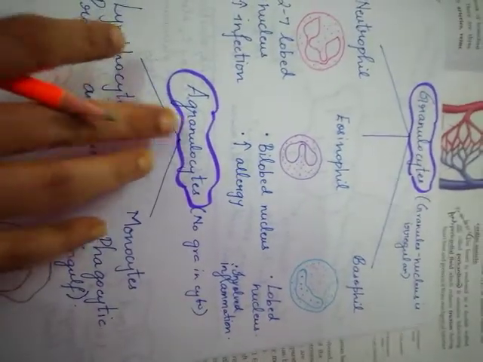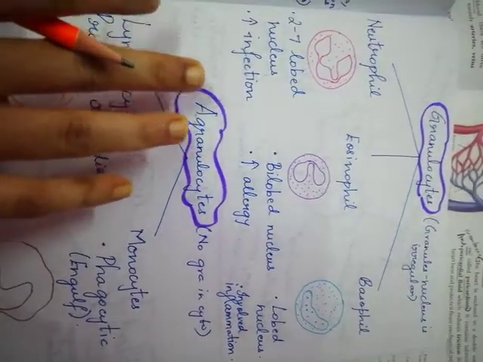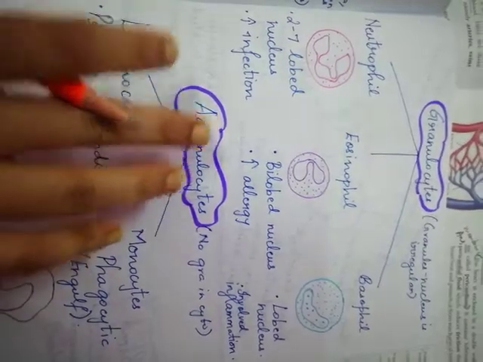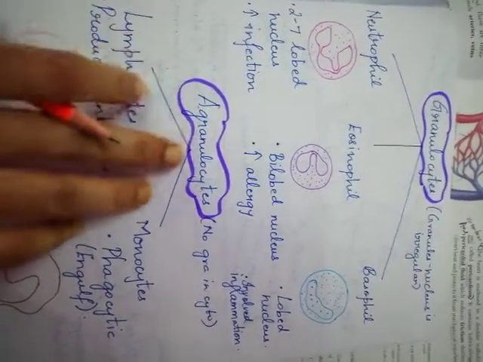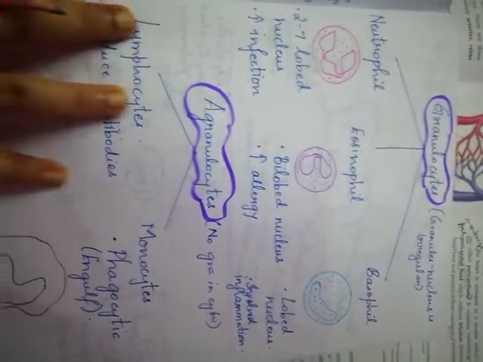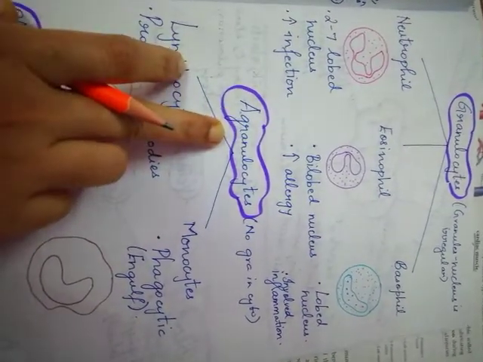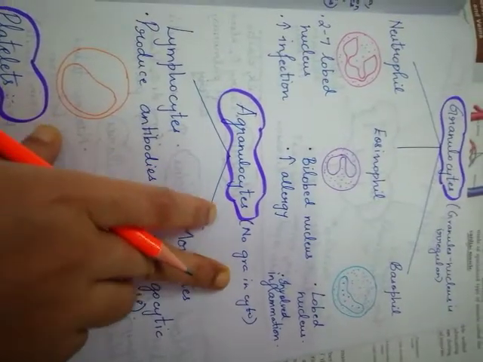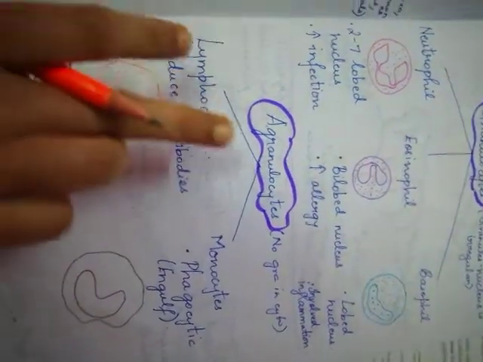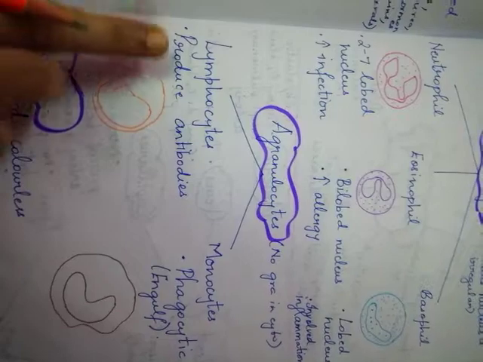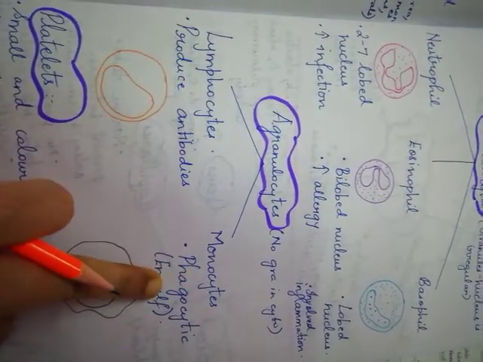So the main thing for WBC, white blood cells, is they are fighting against infection, allergy or any other condition against your body. The same way, one more type of WBC is agranulocytes. They will not have granules in their cytoplasm. Under agranulocytes, you have two types, lymphocytes and monocytes.